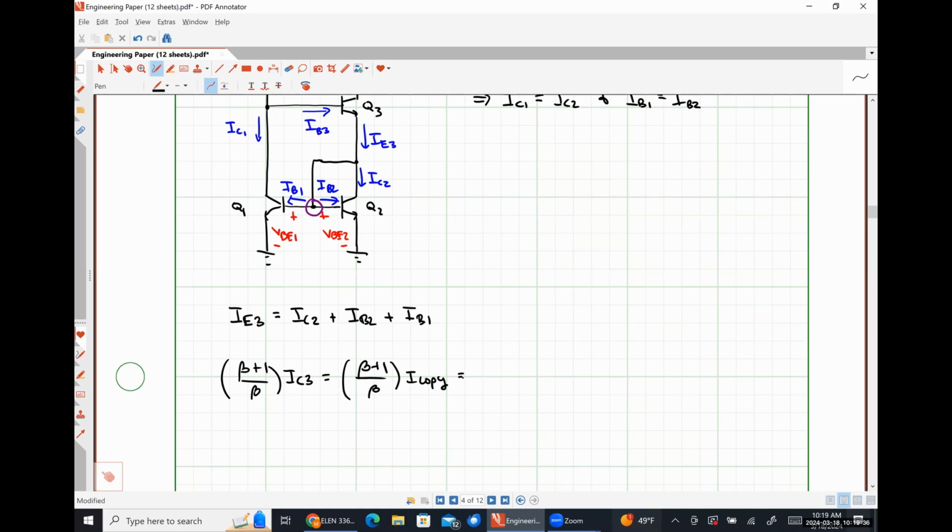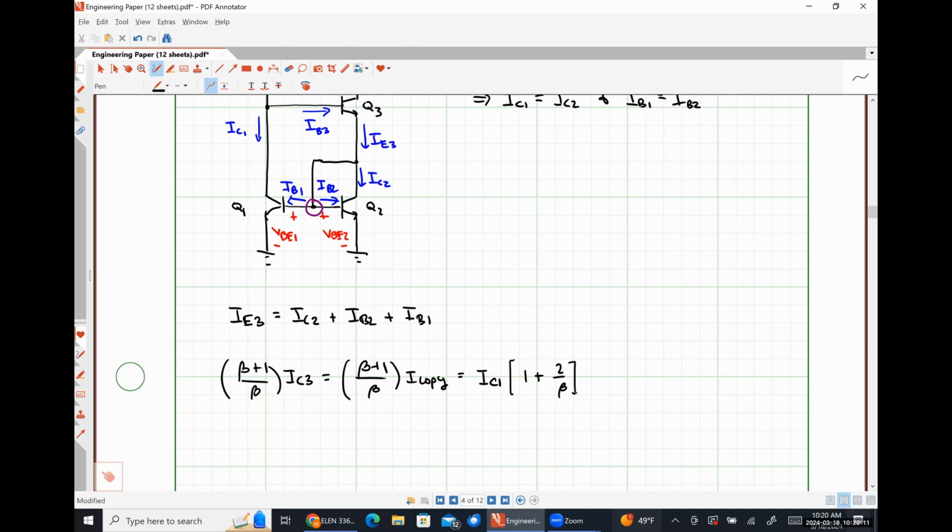And so we are going to have IC1 times one plus 2 over beta, where I'm just saying that this IB2 is IC1 over beta.